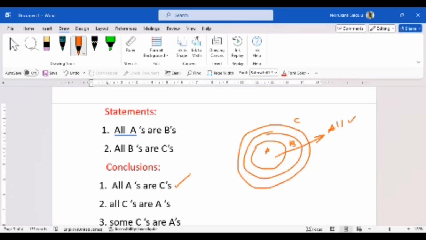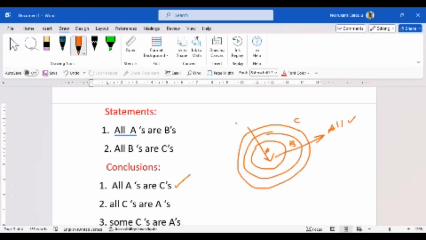All C's are A's. Yes, all C's are A's. From outer circle to inner circle, we can conclude that "all" is always false.